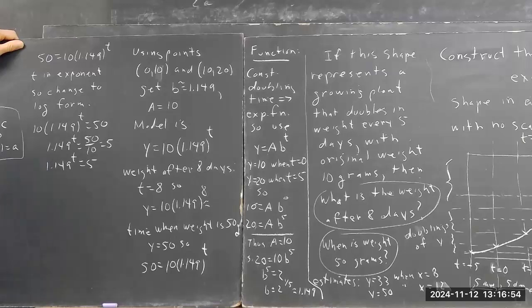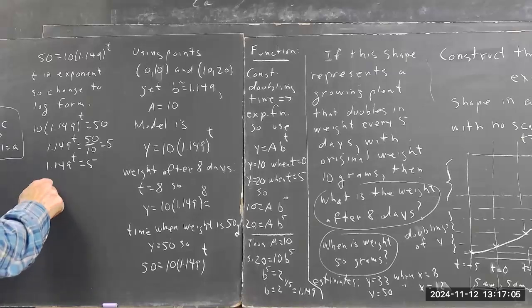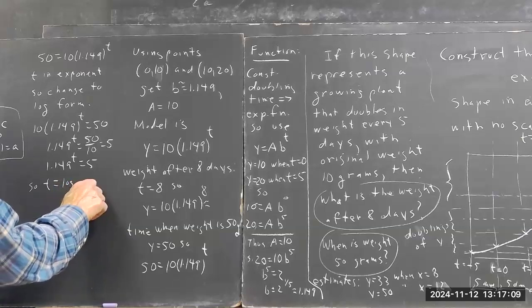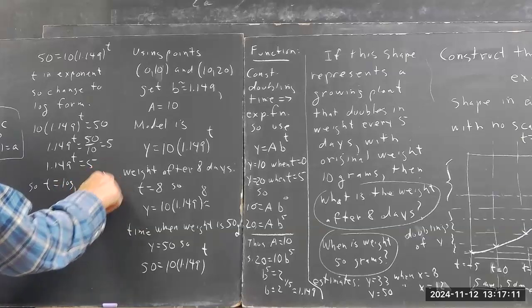Get it nice and clean. We get 1.149 to the t equals 5. So now, changing it to logarithmic form, we get t equals log base 1.149 of 5.